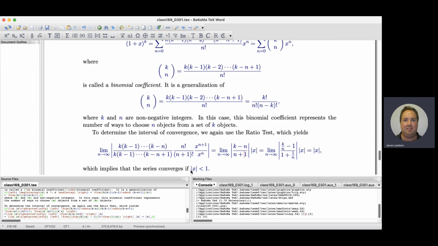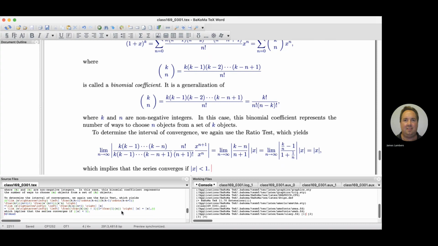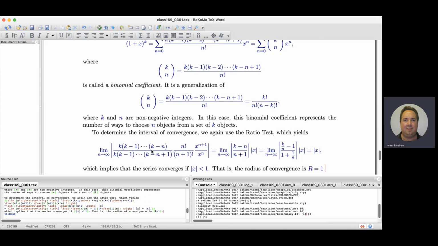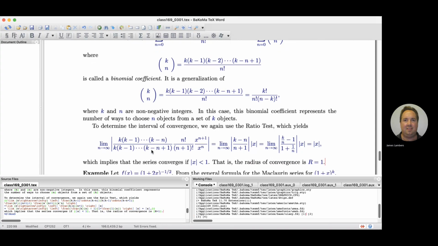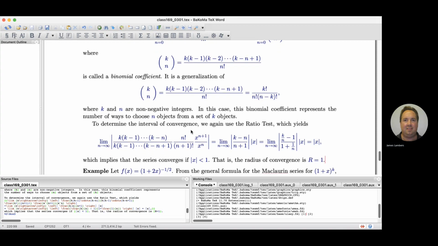So the series converges if the absolute value of x is less than 1. In other words, the radius of convergence is capital R equal to 1. All right.